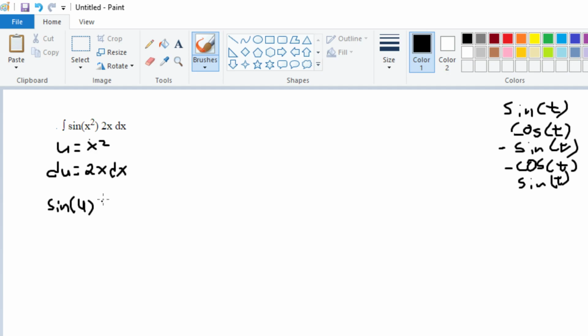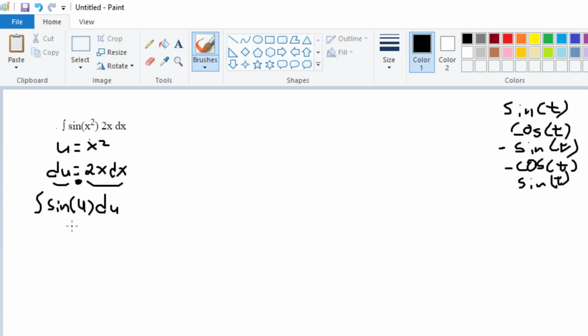And then we have du. So this is what we're integrating. Now you might be asking, what happened to 2x dx? Well, what we said is, 2x dx is du. So when we wrote du, we were literally replacing 2x dx with du because we said that's what it is.